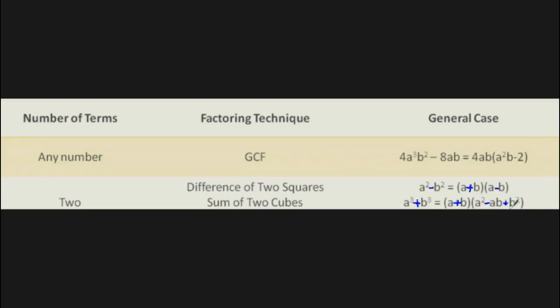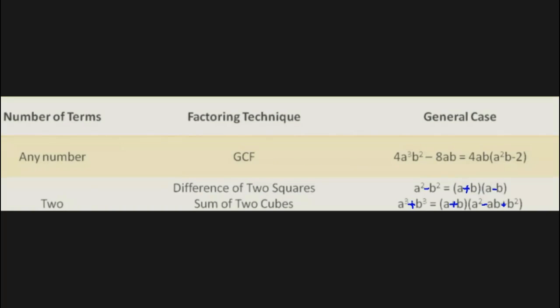One thing to notice is the sign in front of the ab term is negative and the sign in front of b squared is positive.